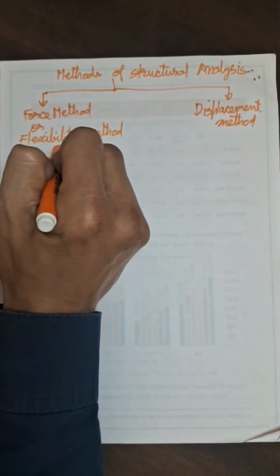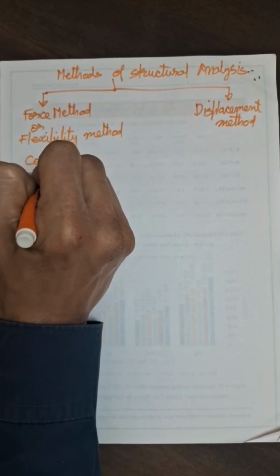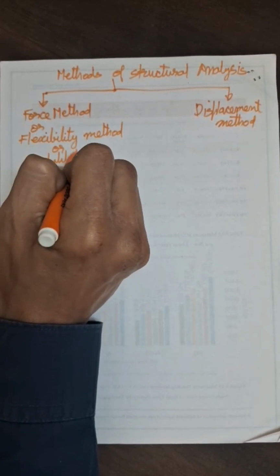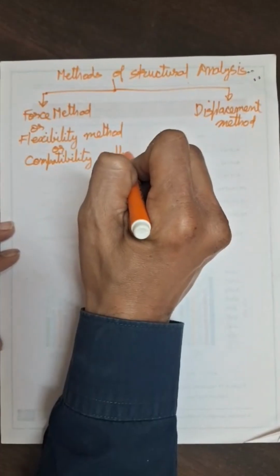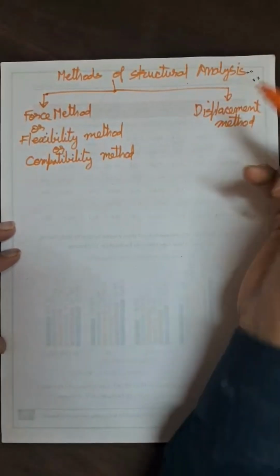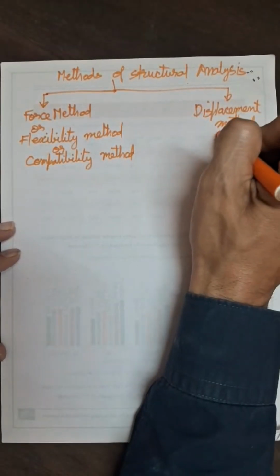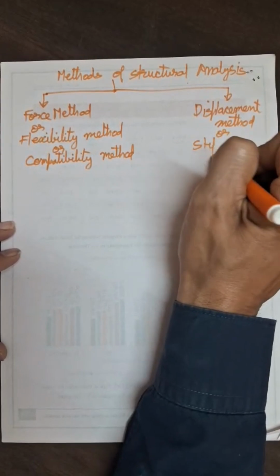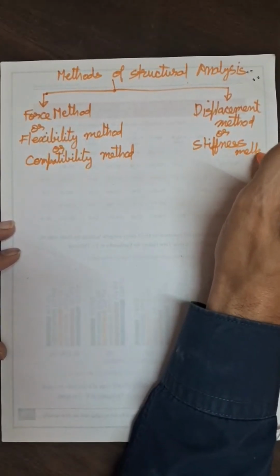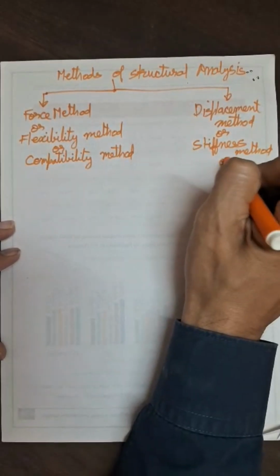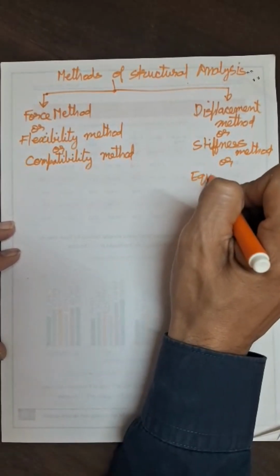Other name is compatibility method. Here displacement method is also known as stiffness method, or equilibrium method.